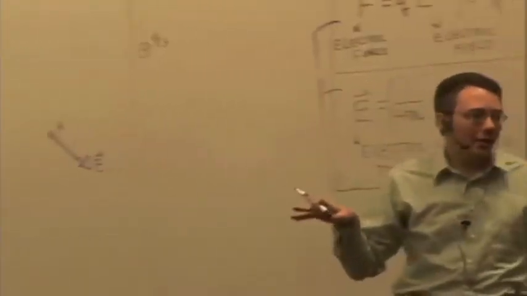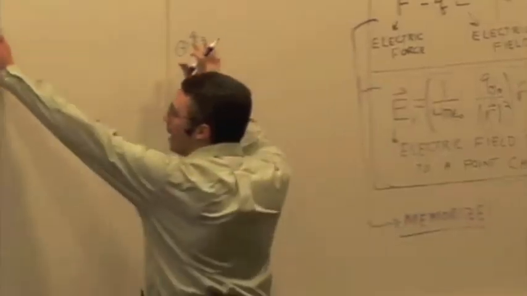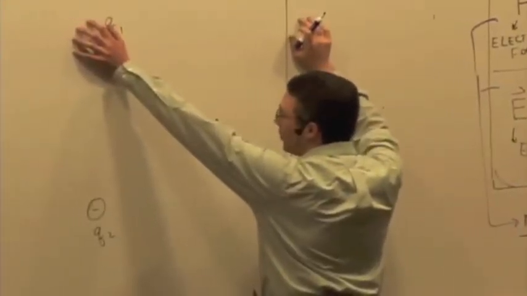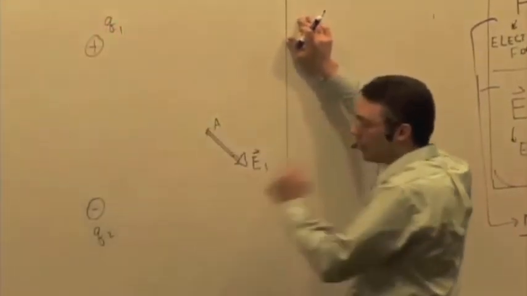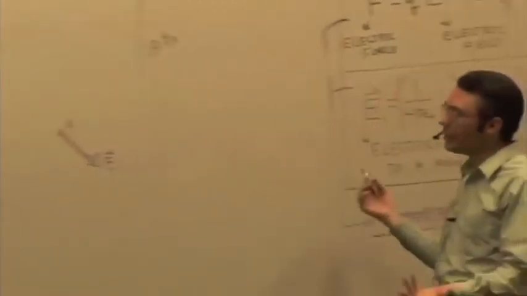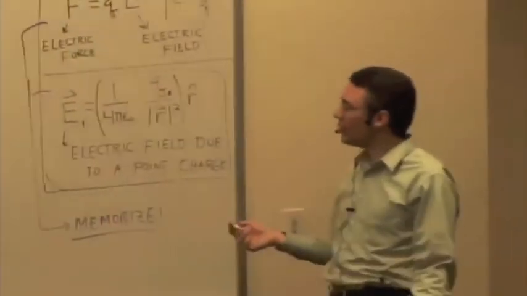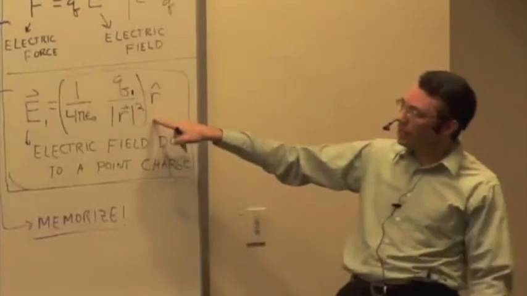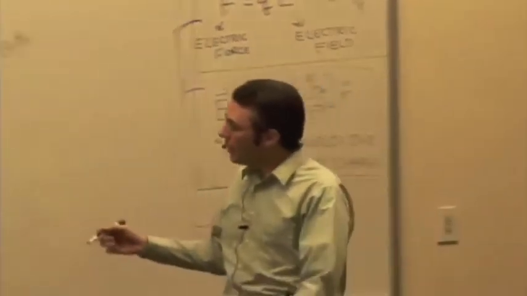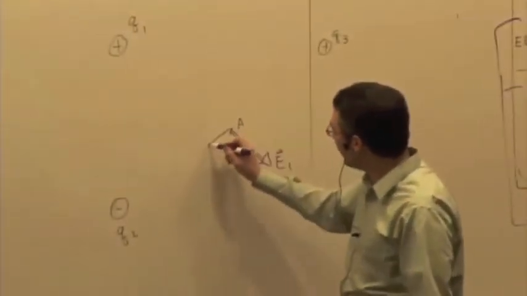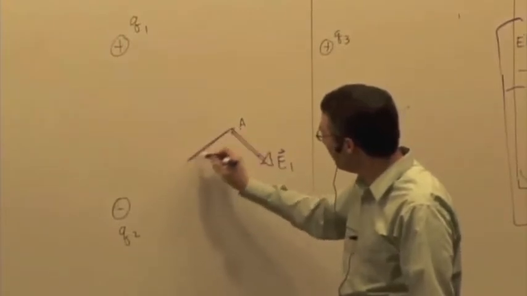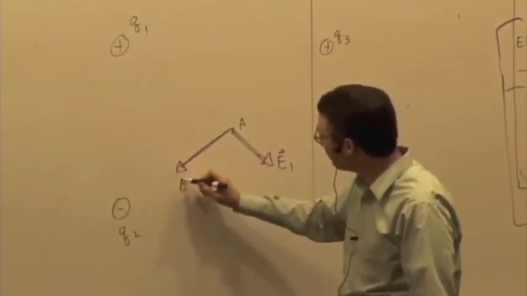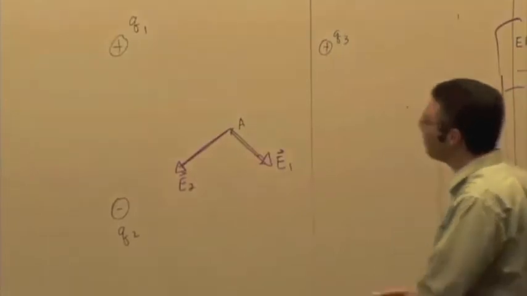And then I move on to the next charge, and I say, okay, I ignore the presence of Q1 and Q3, and I just think about Q2 and find the electric field due to Q2, just using, again, this field of a point charge formula. Q2 would have an electric field pointing towards it, maybe of that magnitude. Call that E2.